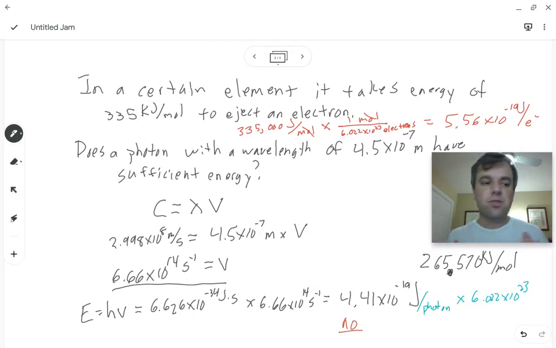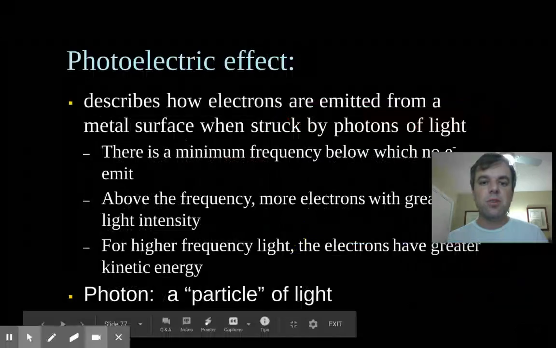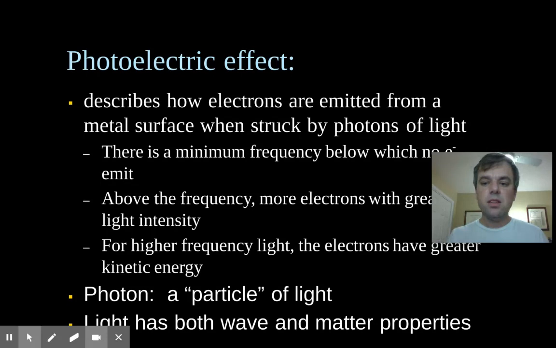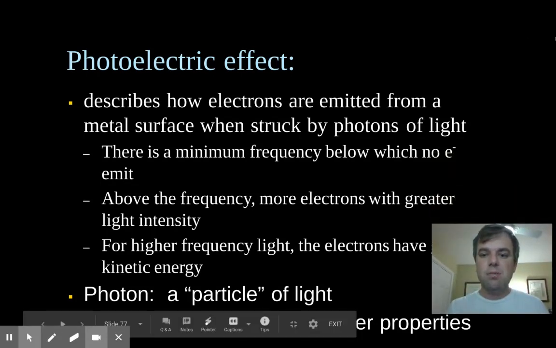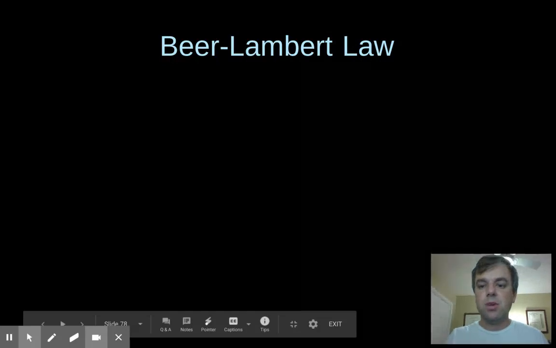So if you have those two formulas, you should be able to solve for what you're looking for. And then you just have to compare it to, are we considering a single thing, or are we involving moles? And we'll get more comfortable with moles in our next unit, which has stoichiometry in it. I wouldn't worry too much about this whole light having both wave and matter properties. That's not really going to be important for this.